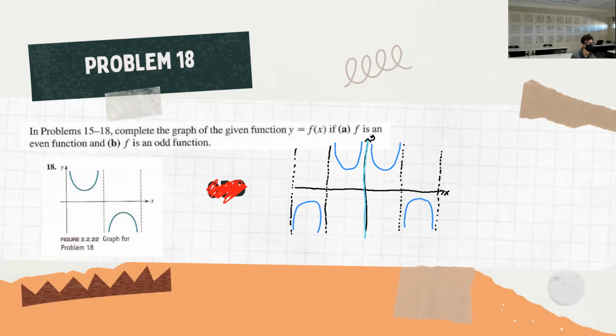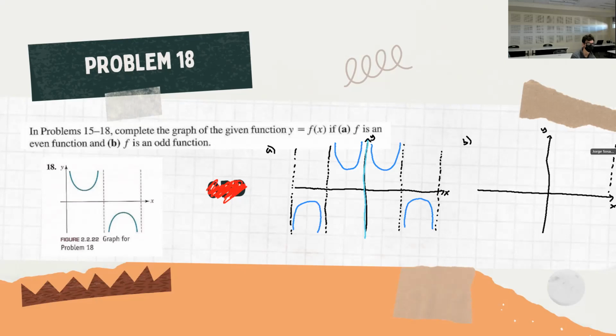And now let's do this would be A. And now let's do B over here. So we're going to do the same. We're going to draw this. I'm just going to make it a little bit smaller, a little bit more compact.